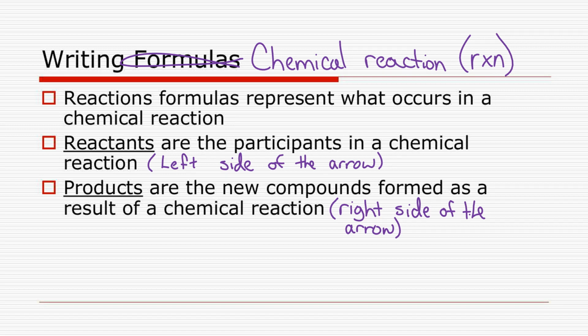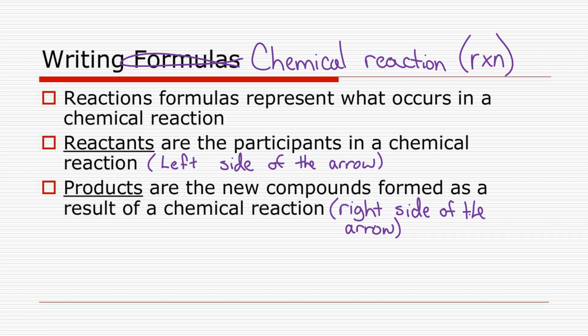Now, we can treat a chemical reaction just like a math problem, except it's all symbolic. So it'd be all variables in our case. But we have certain meanings with those things. In chemical reactions, formulas represent what occurs in the reaction itself.